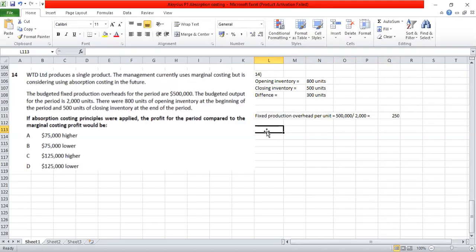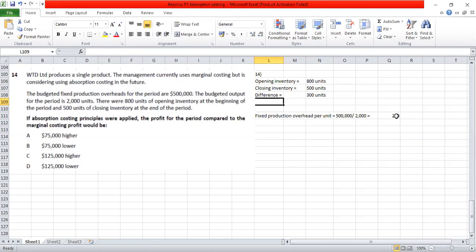So the amount of ending inventory is 500 units, and the difference in the number of units is 300 units. So the impact will be for these 300 units only, at the rate of 250 per unit.